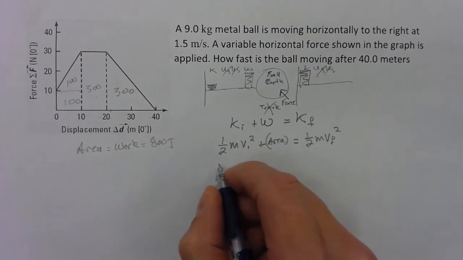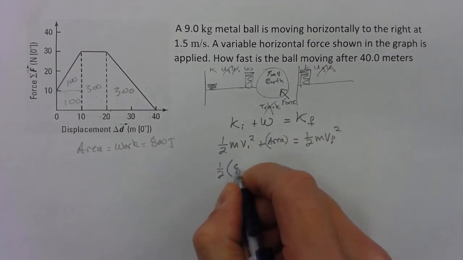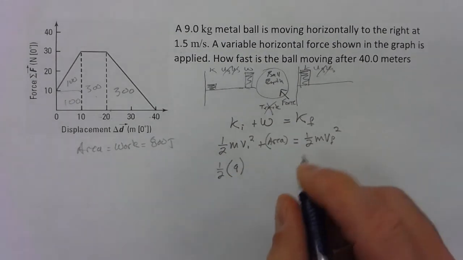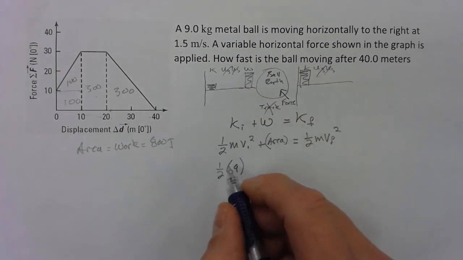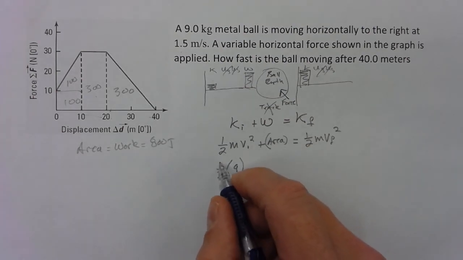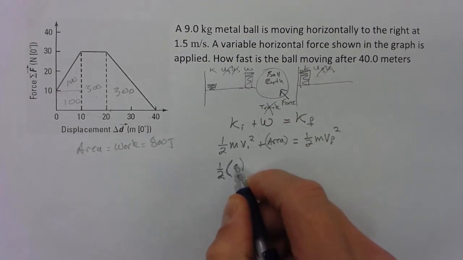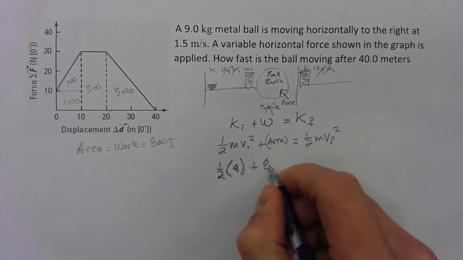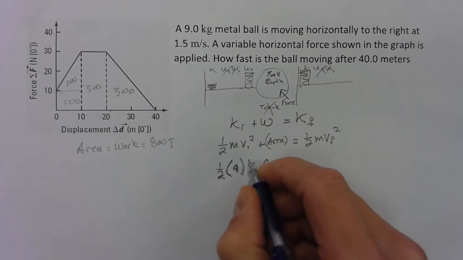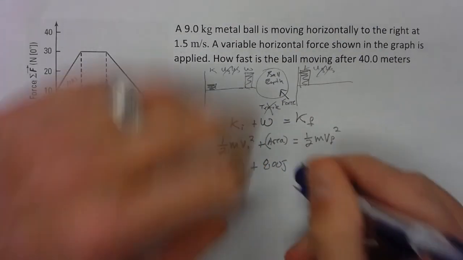So when I plug these in, 1/2, my mass is 9, plus the 800 joules, it's positive work. Whoops, v squared. So let's go back.